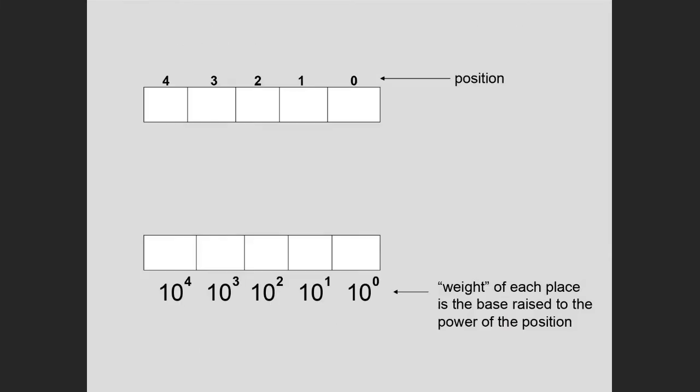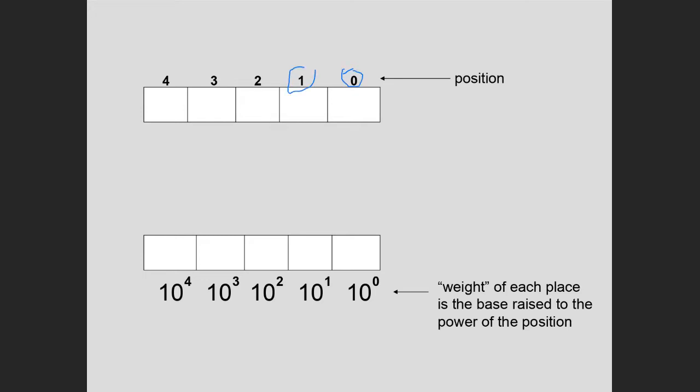So we gave the example here on the board, base 10, because this is the one that we as humans deal with. And so we use the position here. I mentioned the position. We number the position starting with 0.